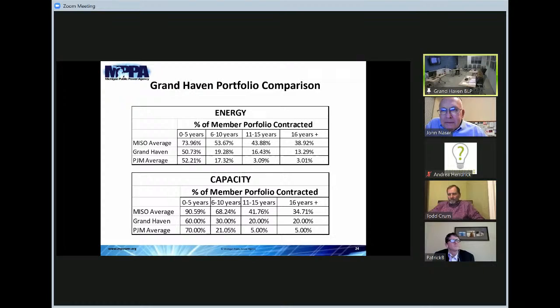We're only looking at the members of MPPA, and what he's essentially saying, if I can paraphrase and correct me if I'm wrong, is that Grand Haven is not hedged or has a lot of open positions out quite a ways, more than the average utility at MPPA.